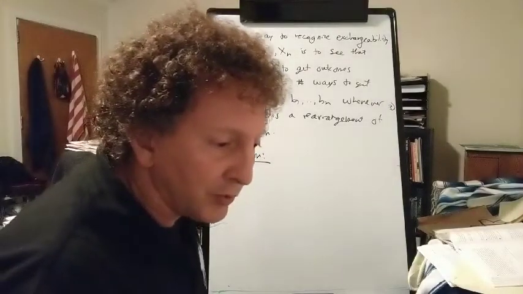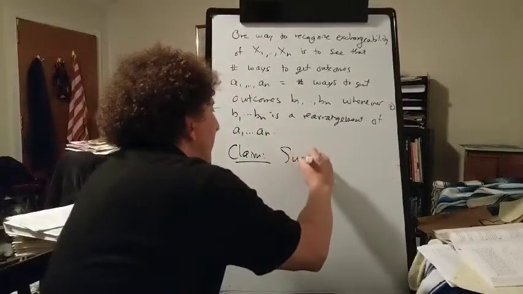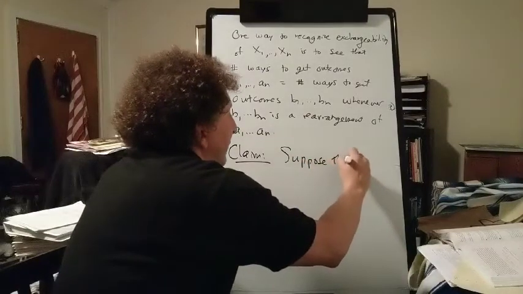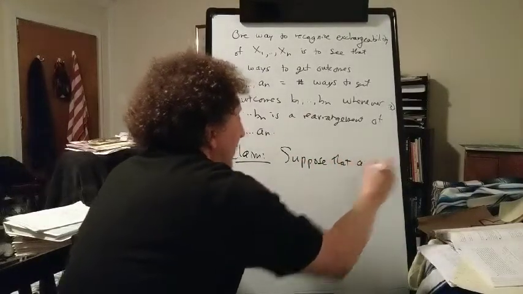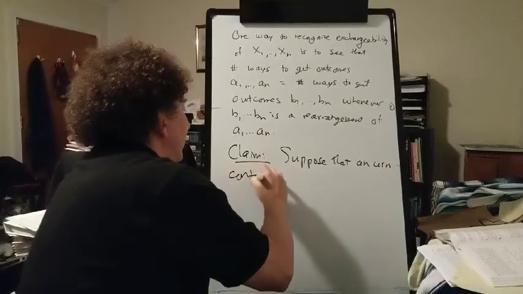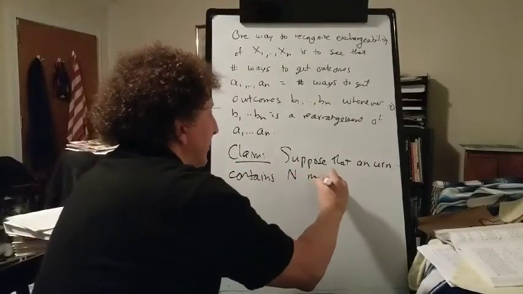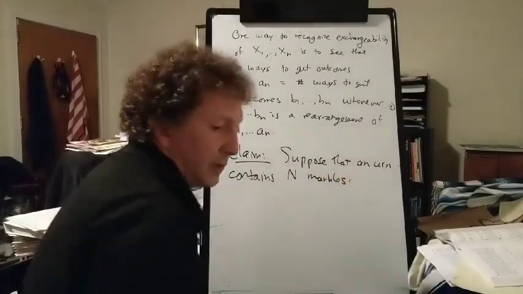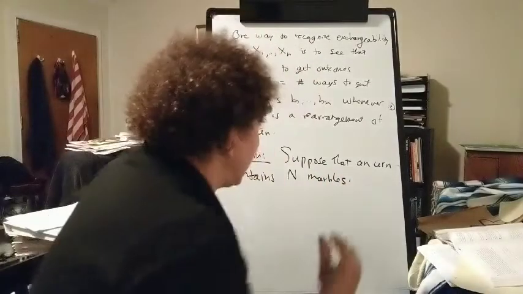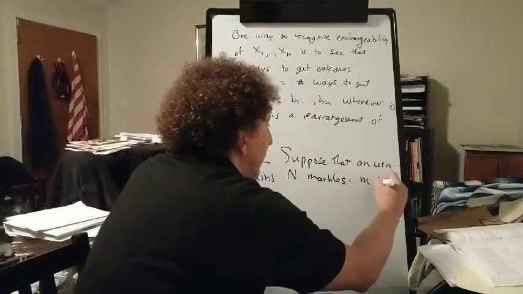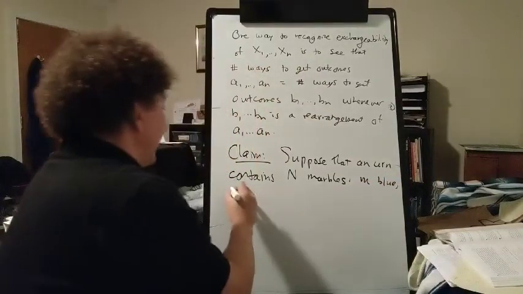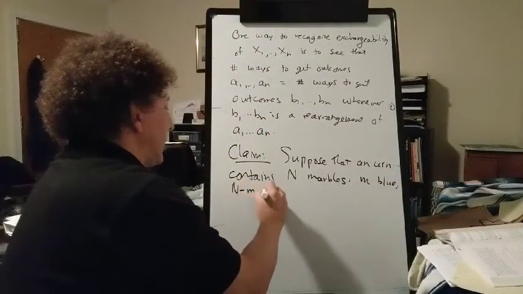So let's suppose that an urn contains capital N marbles, and little m of them are blue, and I guess capital N minus little m are white.